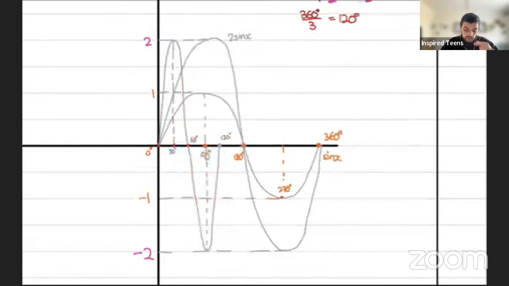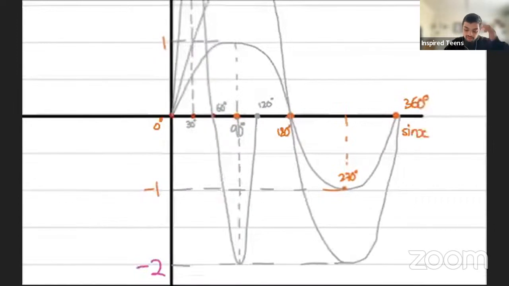So that's now our old graph, and I could literally also just copy this graph. I don't know if it's going to be possible because it's not all one piece. So now I'm going to shift every coordinate 30 degrees to the left. So instead of starting at 0, I'm now going to start at negative 30. Instead of having my turning point at 30, I'm now going to have my turning point at 0.